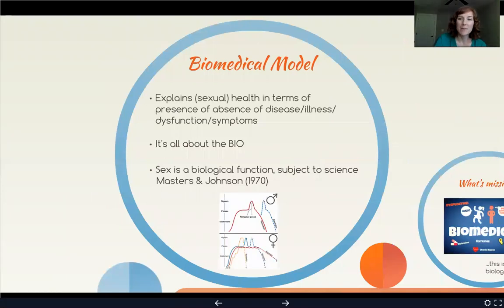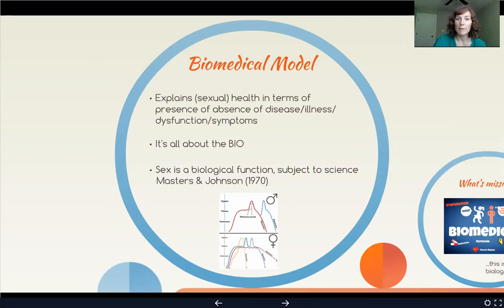And as I mentioned in the last lecture, this is really the disease-focused model, a pathology one, the one that we're used to when we go to the doctor and they ask us what's wrong, right? What symptoms do you have? It's disease-focused, so this is where we get all of the sexual dysfunction diagnoses that we have in the Diagnostic and Statistical Manual, the DSM.